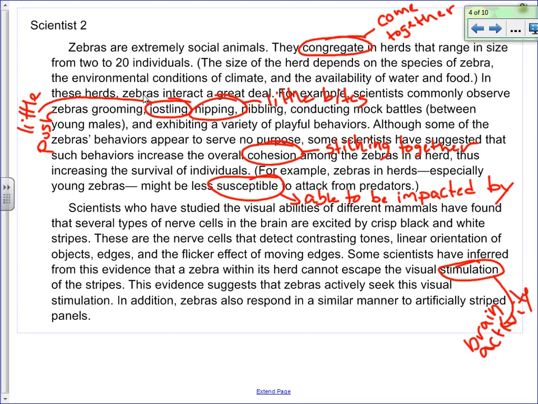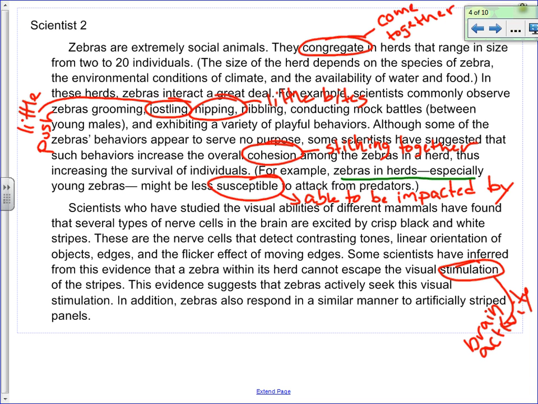Okay, this one's a little more complicated then if we're going to summarize it. Why does scientist 2 say that zebras stick together in herds? What is the hypothesis here of scientist 2? Them sticking together makes them better situated. Excellent. The reason for the benefit of herds is this last sentence right here.